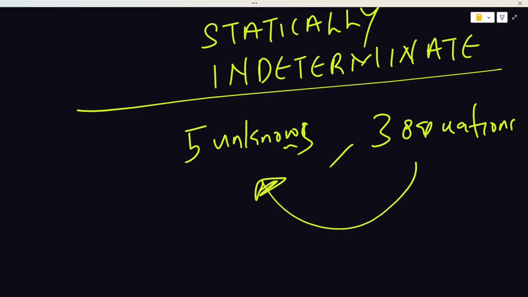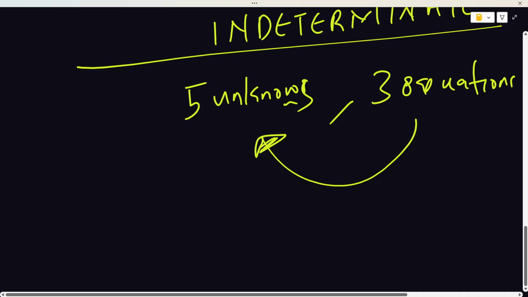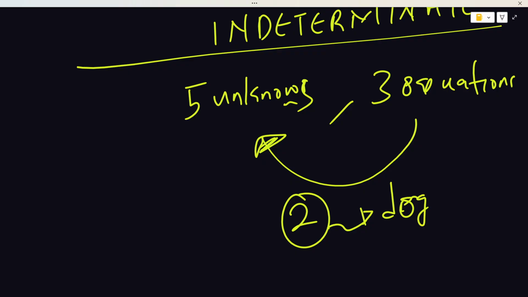We can't solve for something of 5 unknowns with 3 equations. The difference, which is 2, is called the degree of indeterminacy.